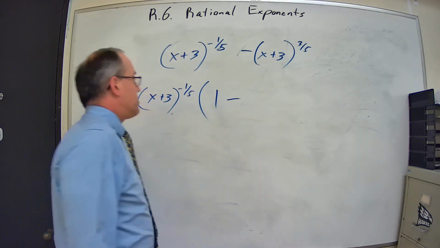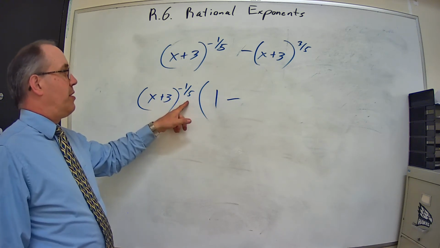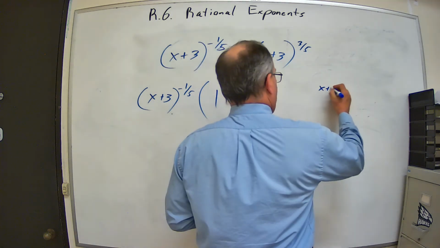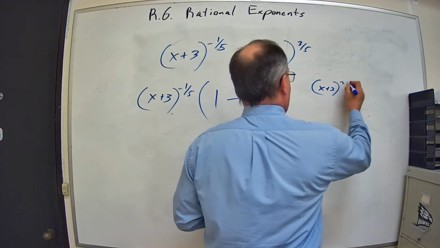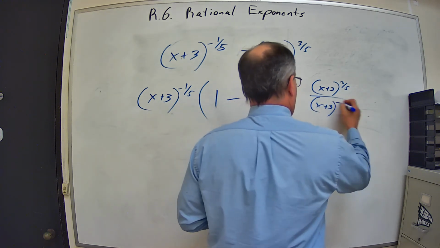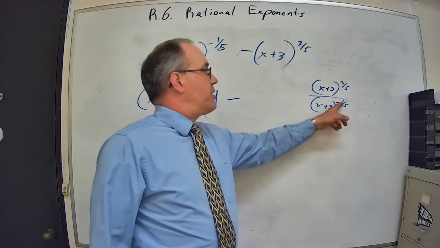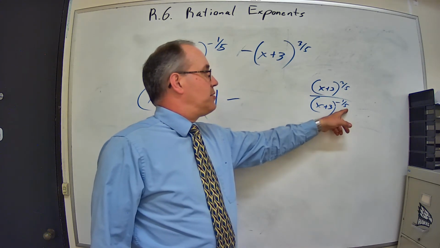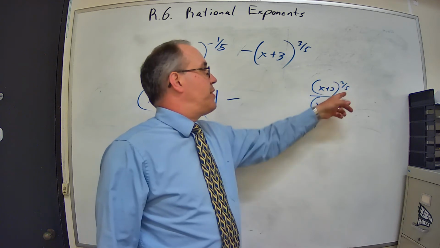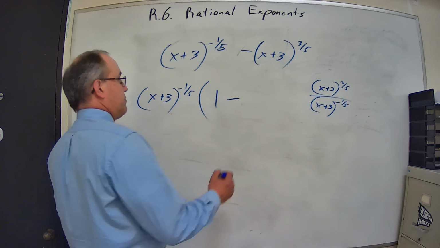And then minus, well, if I pull out x plus 3 to the negative 1/5, I need x plus 3 to the 3/5 divided by x plus 3 to the negative 1/5. 3/5 minus negative 1/5 gives us 3/5 plus 1/5, which gives us 4/5.